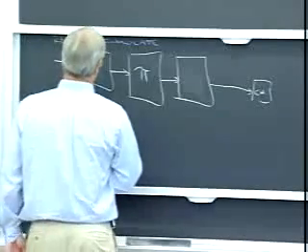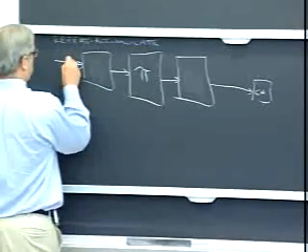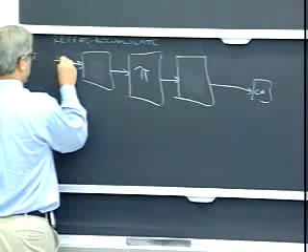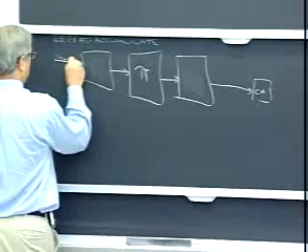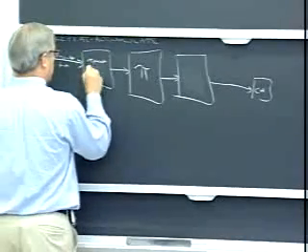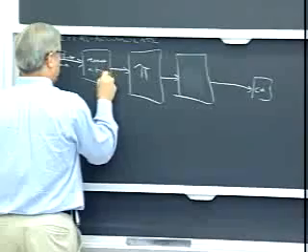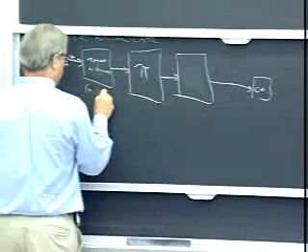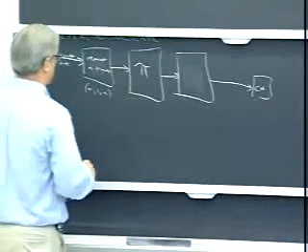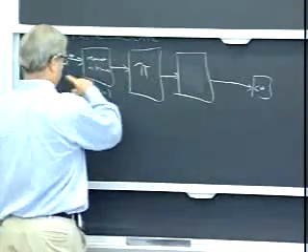Okay, the repeat accumulate code is basically this. We take input bits here. We repeat n times. So this, if you like, is an (n, 1) repetition code. That's pretty simple. We have a stream.